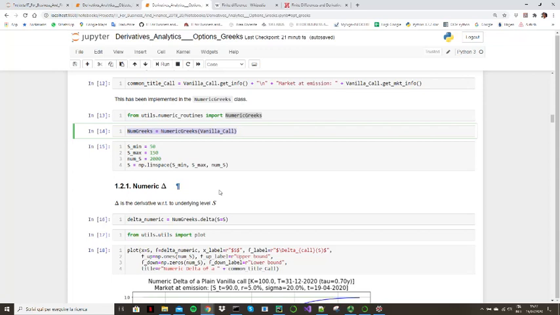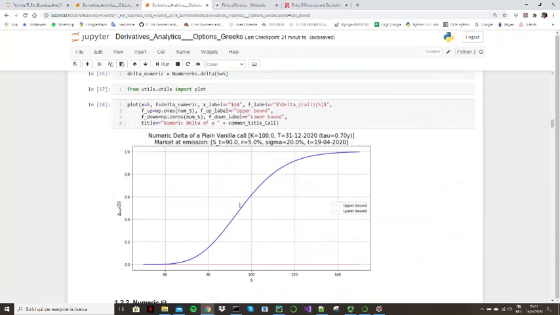So here is the delta of a vanilla call for a given range of the underlying level. As you can see, it goes typically from 0 to 1, from deep out of the money vanilla calls to deep in the money calls.